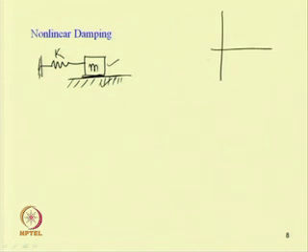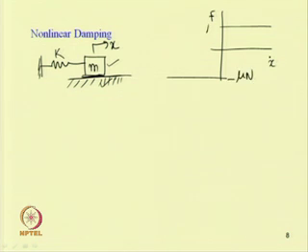If one plots this force versus x dot, where x is the displacement of the mass from the equilibrium position, the Coulomb force is equal to plus mu n on one side and minus mu n on the other. Here mu is the coefficient of friction between the two surfaces and n is the normal force.